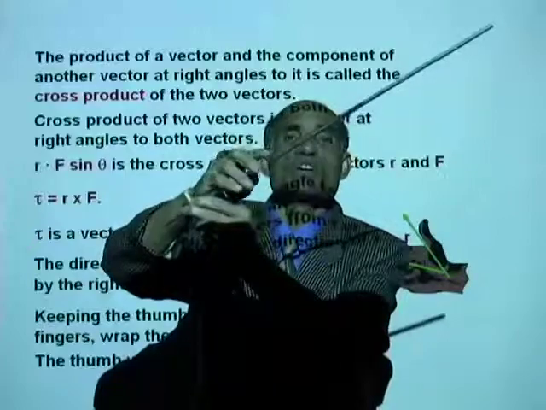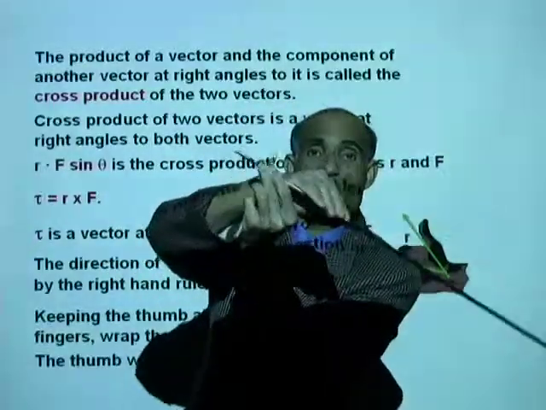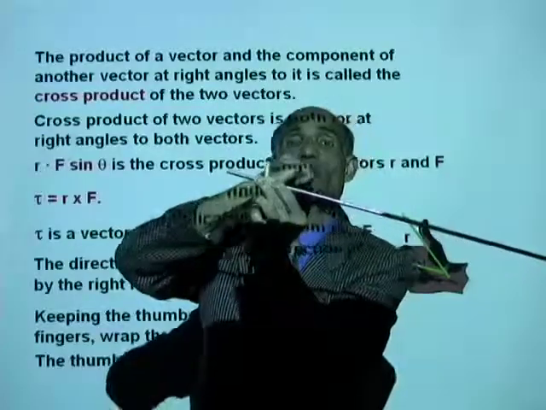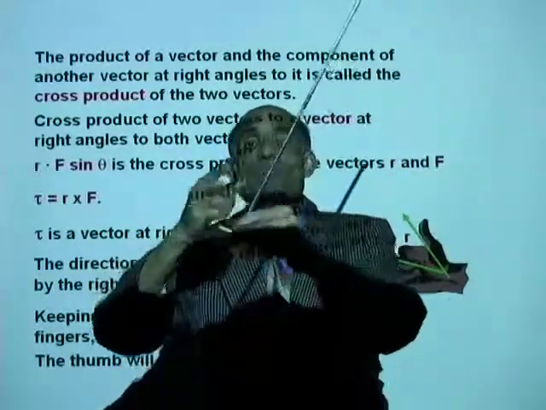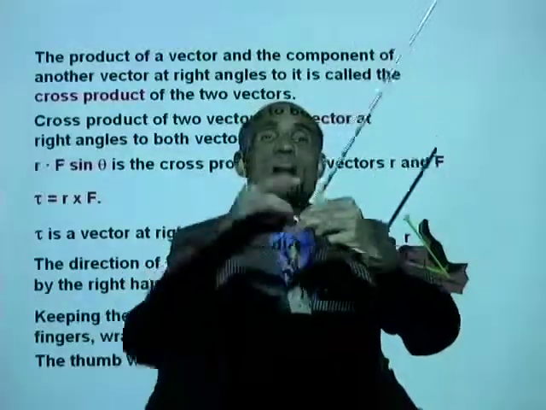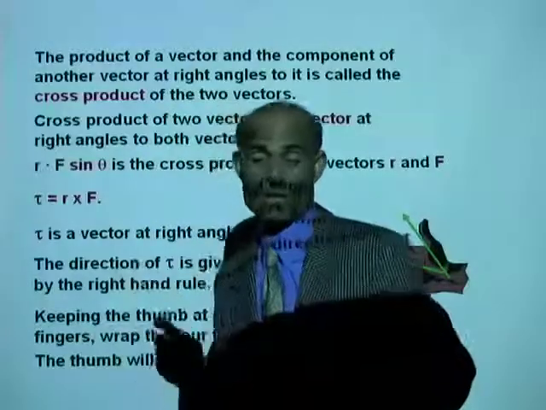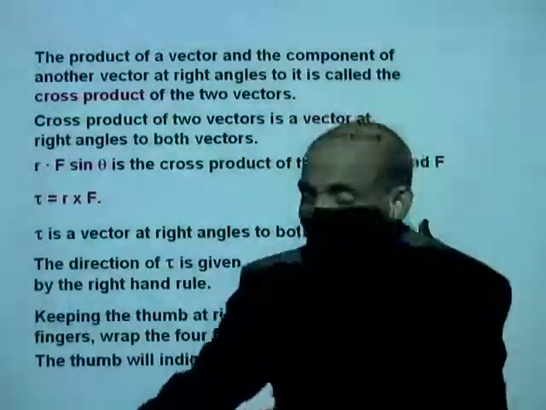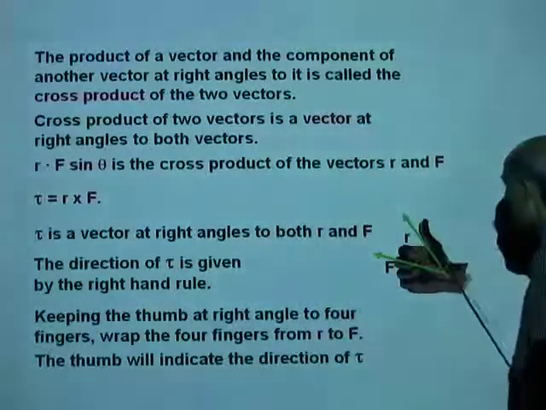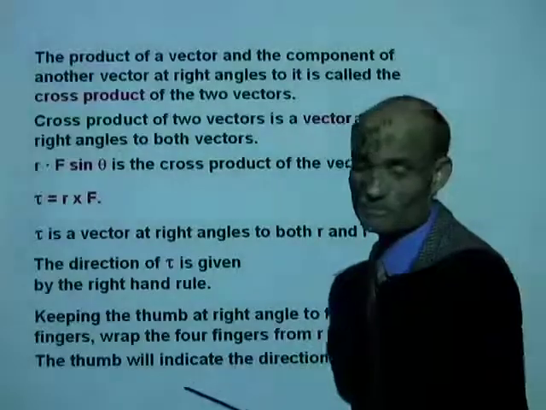That means if the rotation is like this, the torque will be directed towards me. If the rotation is in the opposite direction, the torque will be directed towards you. So the direction of the torque is actually determined by the directions of the r vector and the f vector.